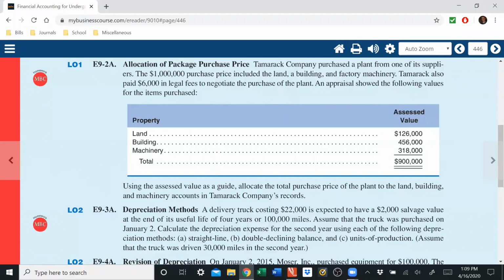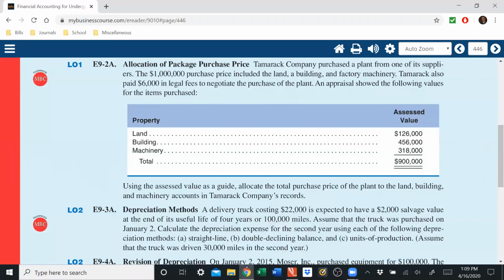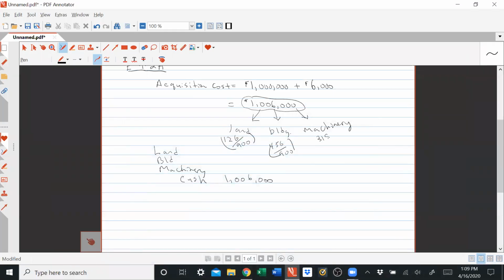The building's relative market value is $456,000 divided by 900,000. So that's the fraction that we're going to use to allocate the 1,006,000 to the building. And then finally the rest is going to machinery, 318 over 900, or 318,000 divided by 900,000. It's the same thing as 318 divided by 900.